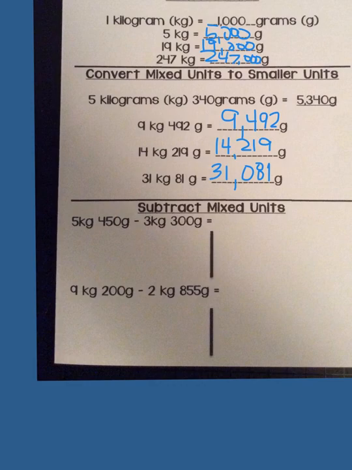We can't subtract grams from kilograms or kilograms from grams. So we're going to convert all of this to grams, subtract, and it all needs to be in grams. So it would be grams minus grams.